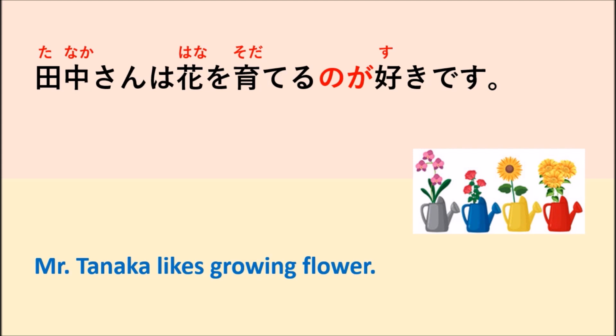You can put no ga, and after no ga it should be the adjective, because we want to explain what is about the first part of the sentence. Here, we want to explain that Mr. Tanaka likes growing flowers, so you can say no ga suki desu.